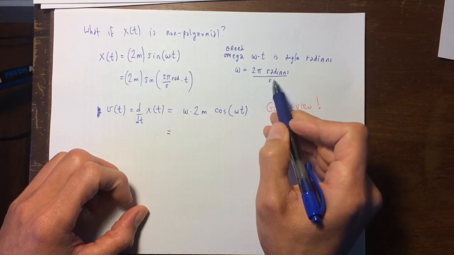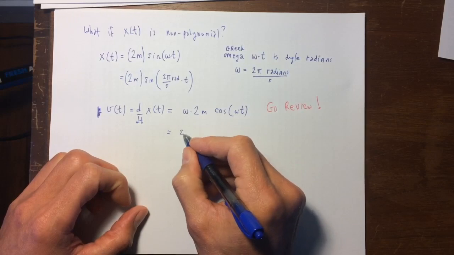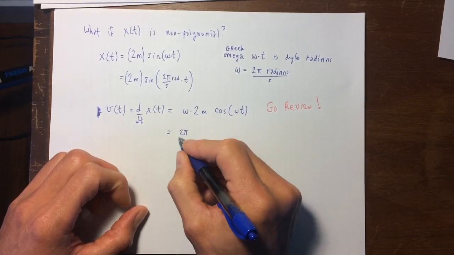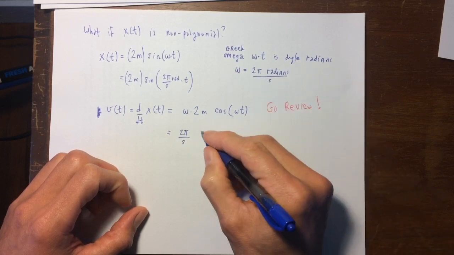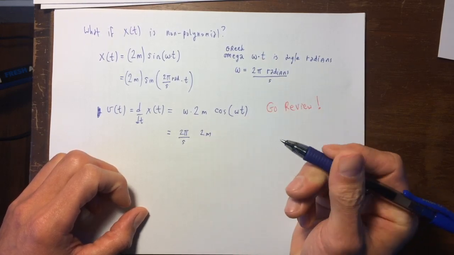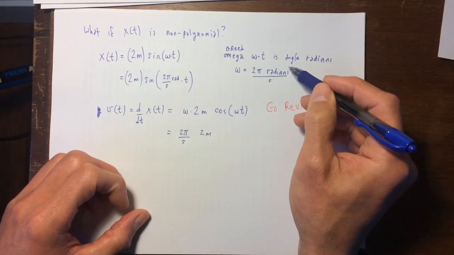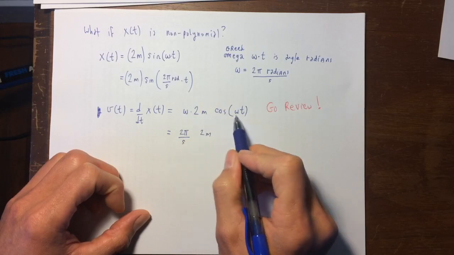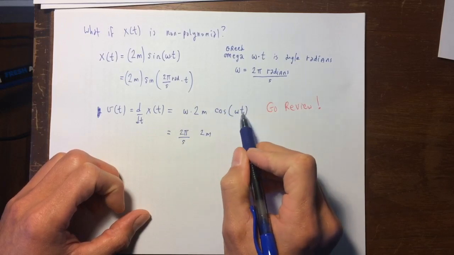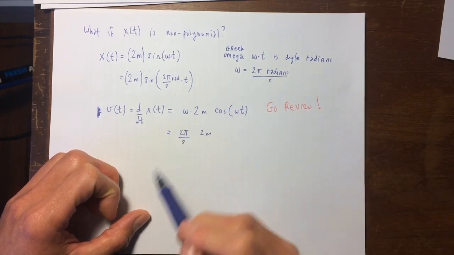So this 2 pi radians per second comes out, and so omega is sitting here. It's 2 pi per second, right? There's the second and the 2 pi. There is the 2 meters. And if you ask what happened to the radians, what you do is, when you take the derivative and it comes out of where it needs to be an angle, you just drop the radians, but the 2 pi comes out.